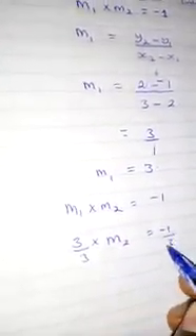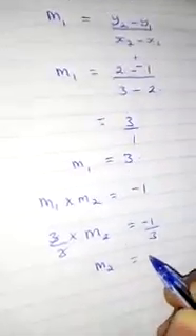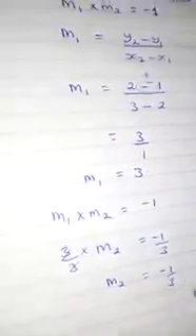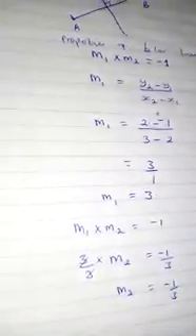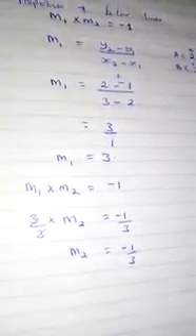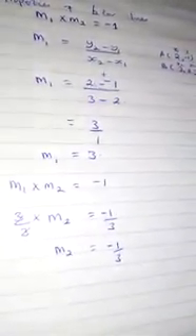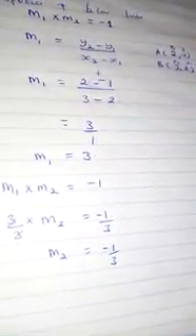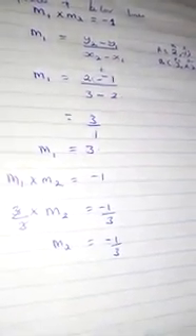Hope we are following. So I divide by 3 throughout. Therefore, my M2 is equal to -1 over 3. Now I have the gradient for the perpendicular bisector. Are we together?